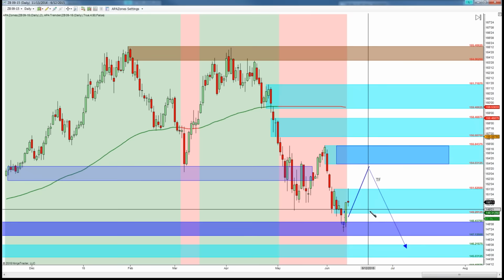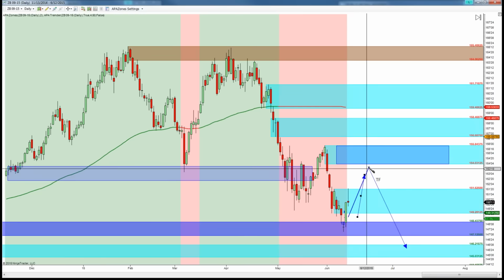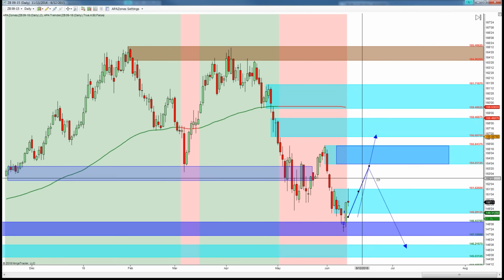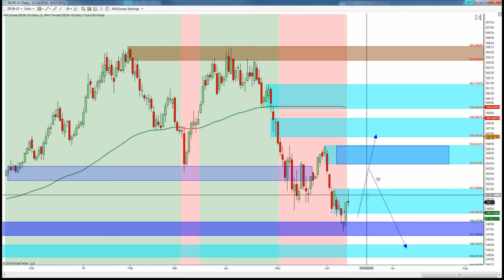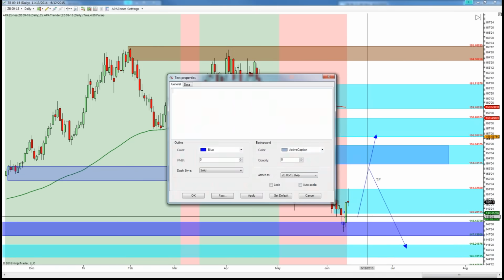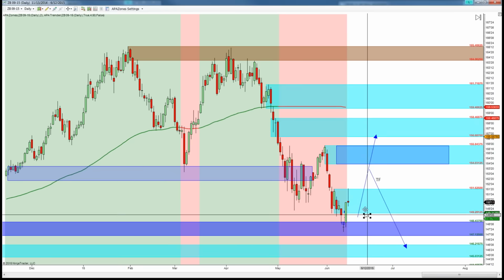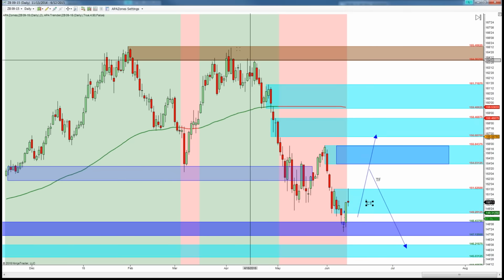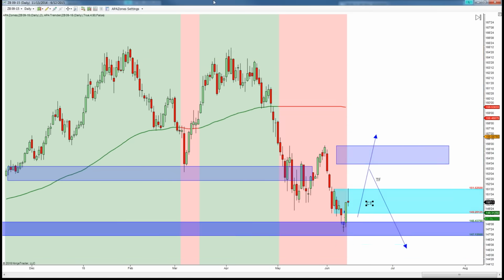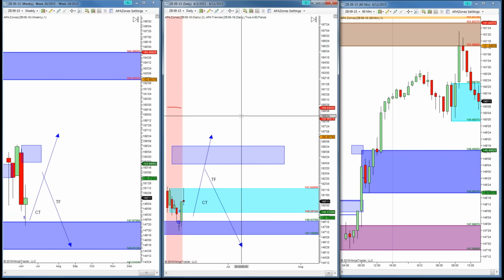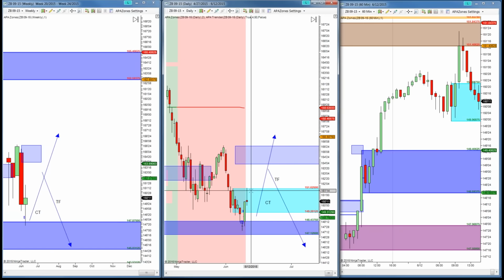And counter trend would be basically happening now. Or I wouldn't even say now, I would say it already happened. So that's kind of how I see that going down here.